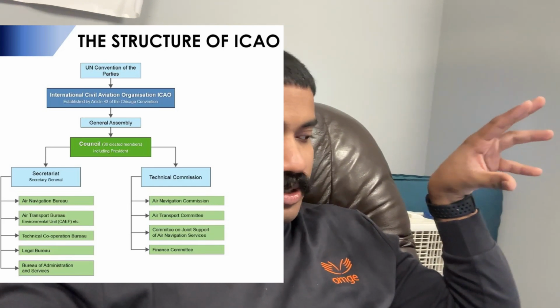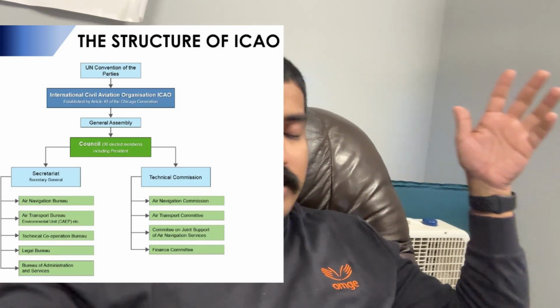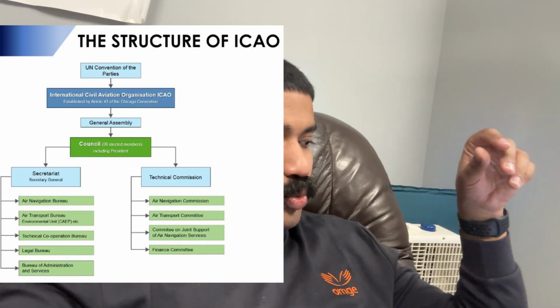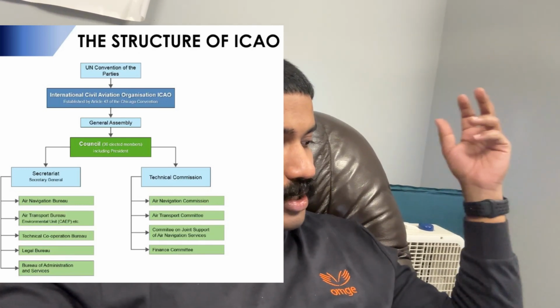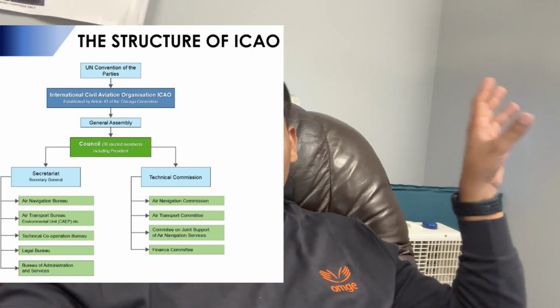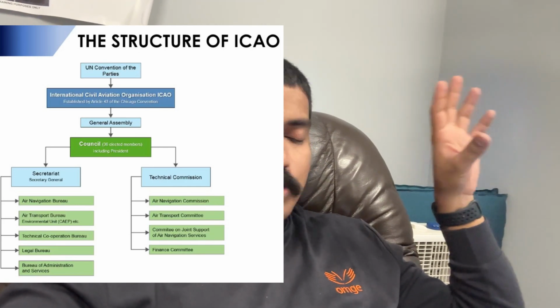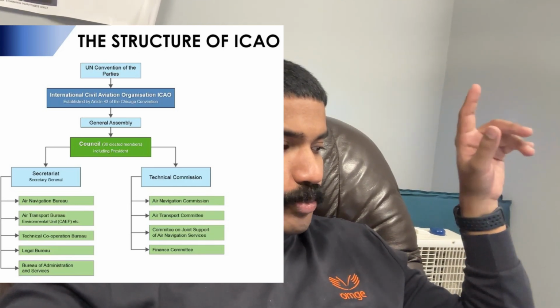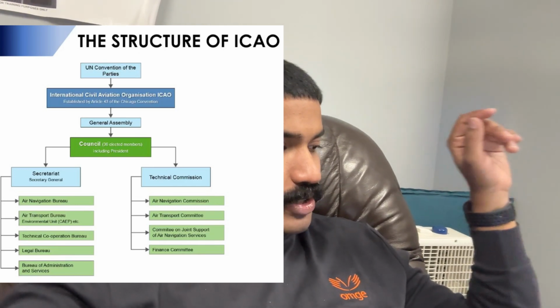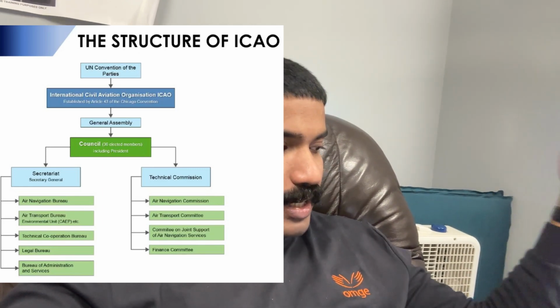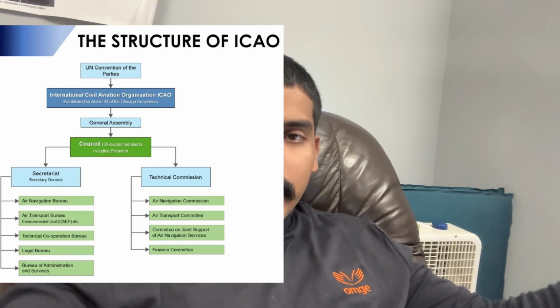Now below the council, there are commissions and committees, and also there's a secretariat, right? Now we'll talk about the commissions and committees, which have between 9 to 15 members. The first is the Air Navigation Commission, which has 19 members, appointed by the council. Then there's the Air Transport Committee, appointed by the council.